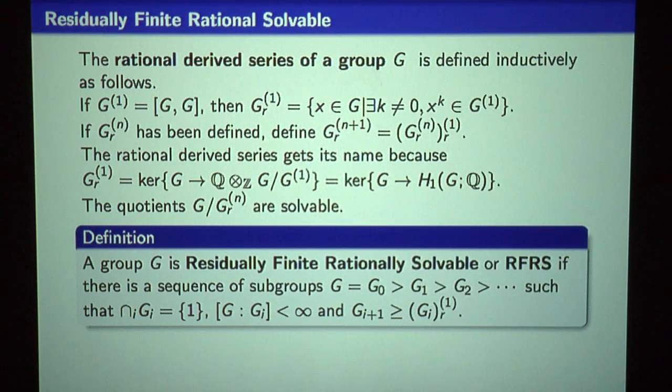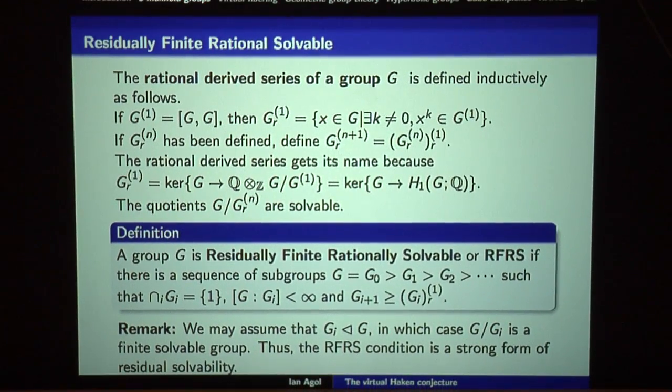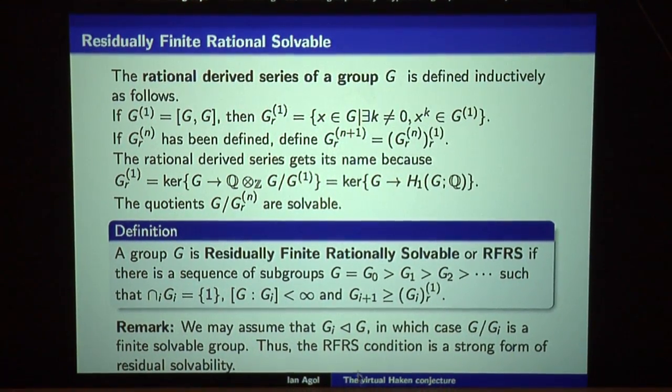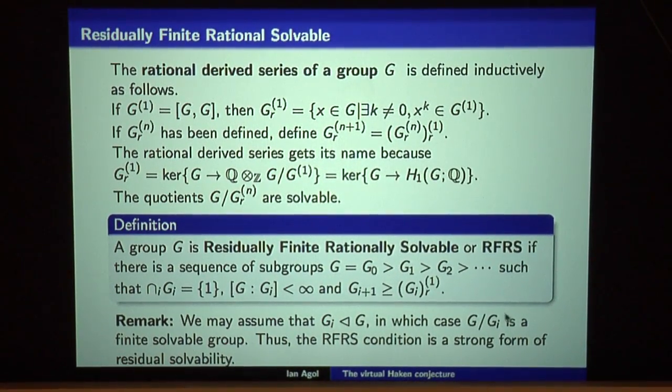Okay, for algebraists maybe you can parse this, but underlying this algebraic definition is really a geometric picture. Just a remark: if we assume the G_i are normal in G, which you can do by taking the core of the subgroups, then the quotient G mod G_i is a finite solvable group.